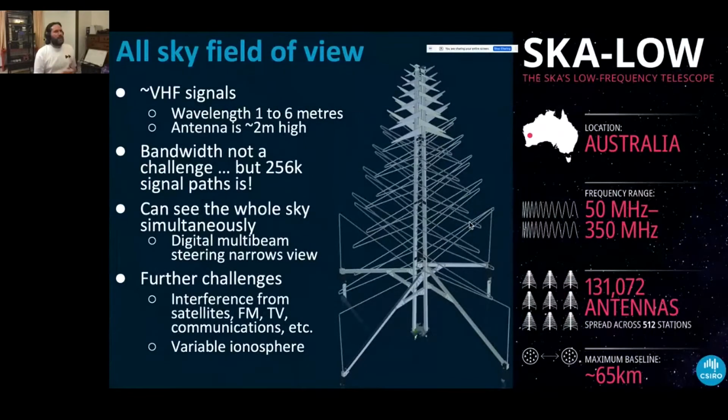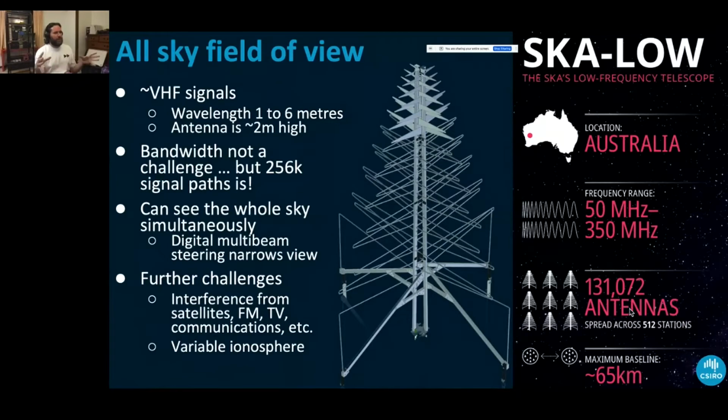Back to today's presentation: we're focusing on SKA Low, which covers a low frequency range from 50 to 350 megahertz. In the final configuration there will be up to 131,000 antennas spread across 500 stations.